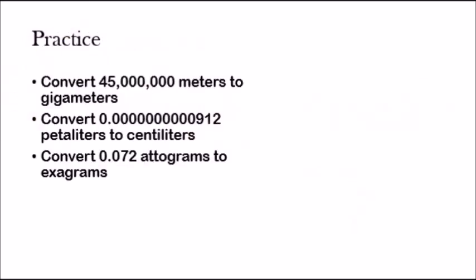So first rule: what are we looking for? That's gigameters. Second rule: what are we given? We're given 45 million meters. I'm going to express this with scientific notation because I don't want to have to write that out. So this is 4.5 times 10 to the 7 meters.